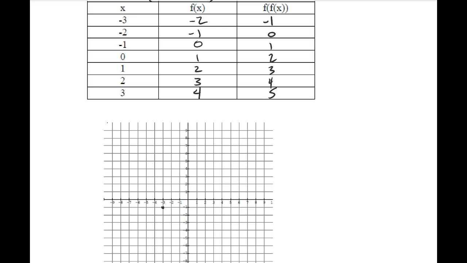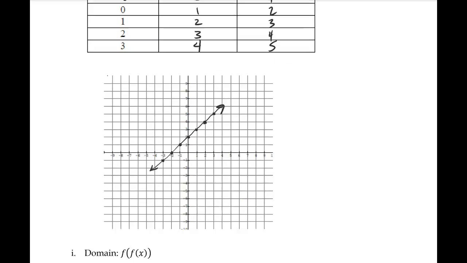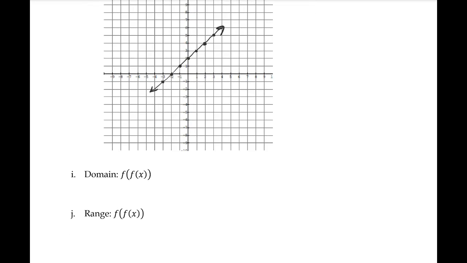Negative 2 is my input, and 0 is my output, and so forth. And so this becomes my line, and again we see that linear shape stays true because both original functions were linear. So then we go to list our domain and range for this.